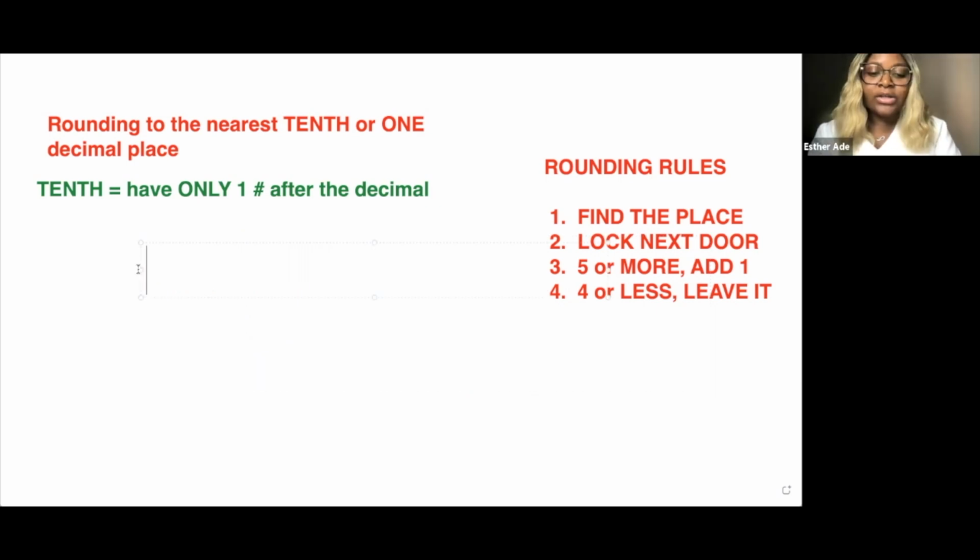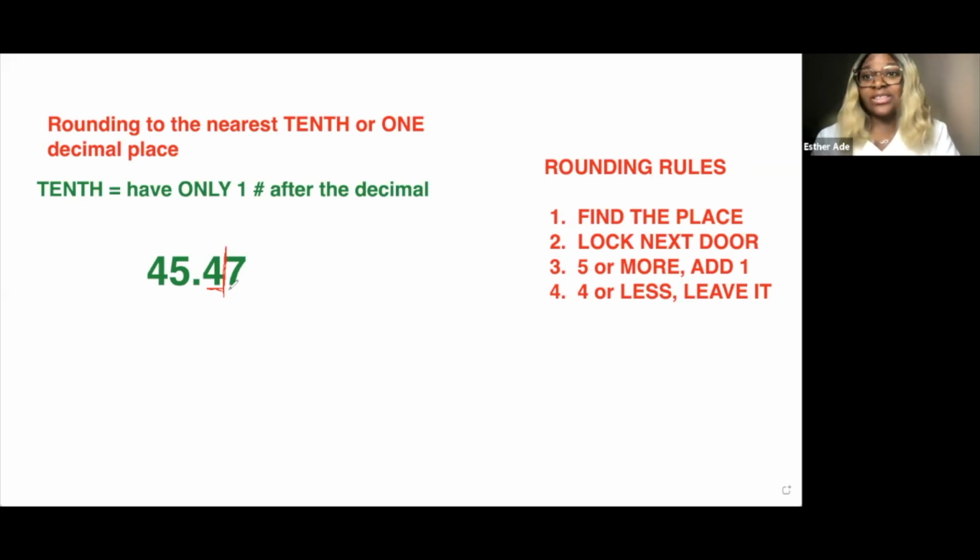Another example for you, rounding to your tenth, is 45.47. Okay, so that also means having one number after my decimal. So this is my decimal. This is the number after my decimal. That's my place. I lock the door right behind it. And this number, it's 7. Takes me to rule 3. Is it 5 or more?